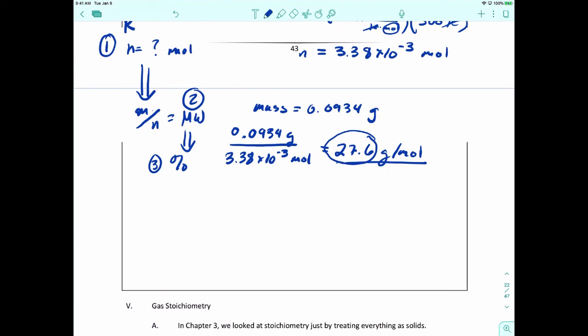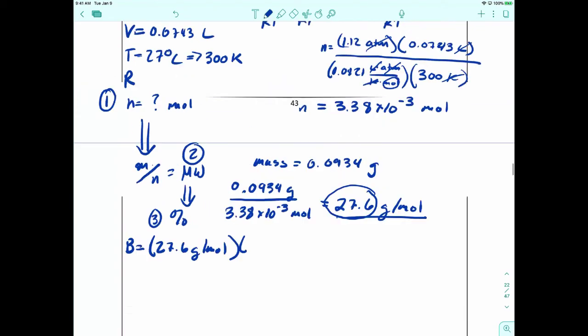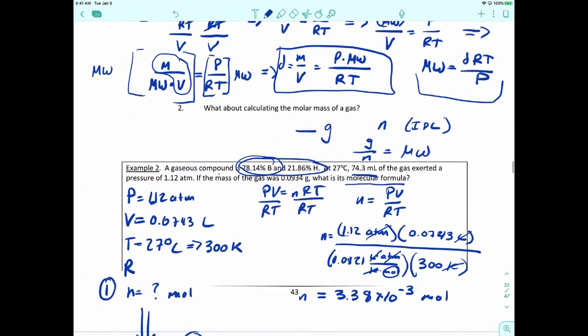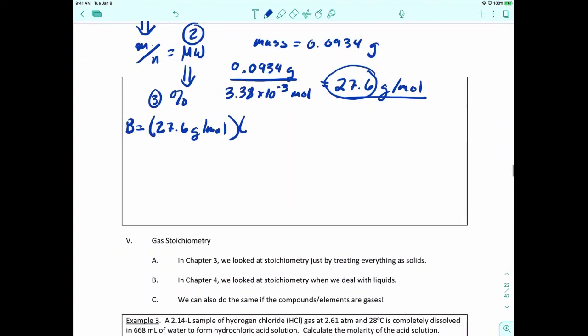So let's try this out. For the boron part, you know the mass, 27.6 grams per mole, and I multiply that by the percentage. In the problem, we were told it was 78.14. So converting that to a decimal, 0.7814, the number I get is about 21.6 grams. So that's how many grams of boron we have.